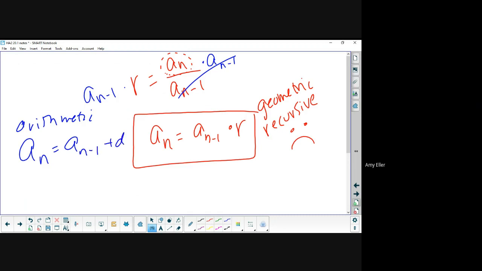Now that we're doing geometric, we take the term before it, and we multiply it by whatever that common ratio is. We will today create a better formula. What do we call the better kind? Explicit. Yes, we'll create an explicit formula by what's on the next page, number 10.